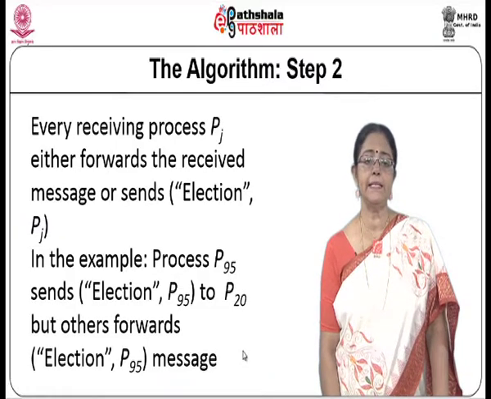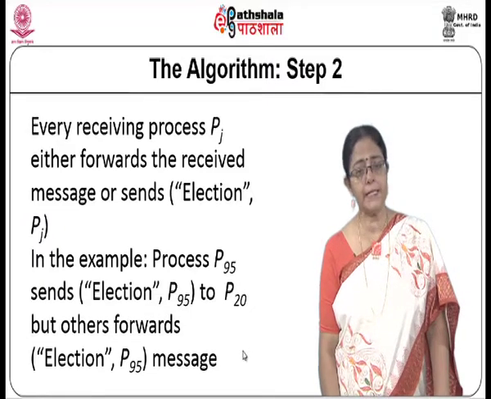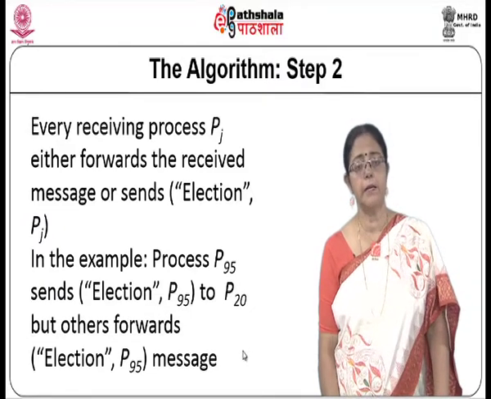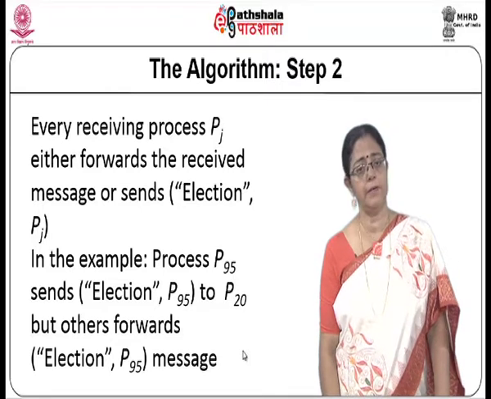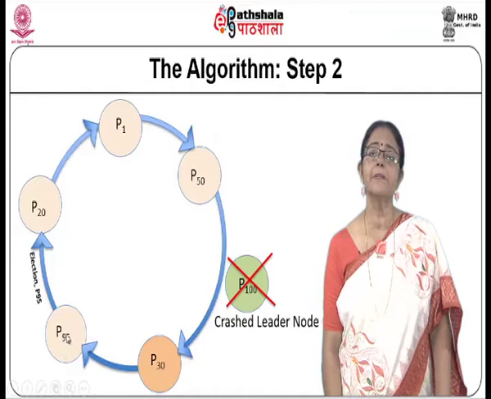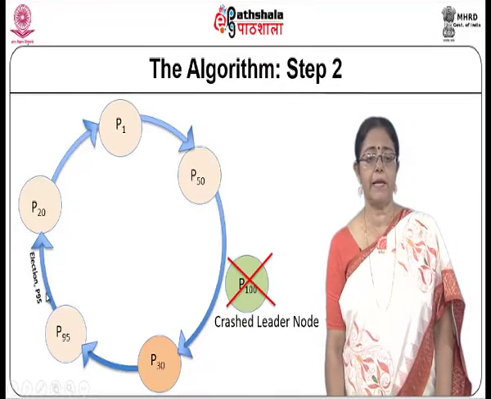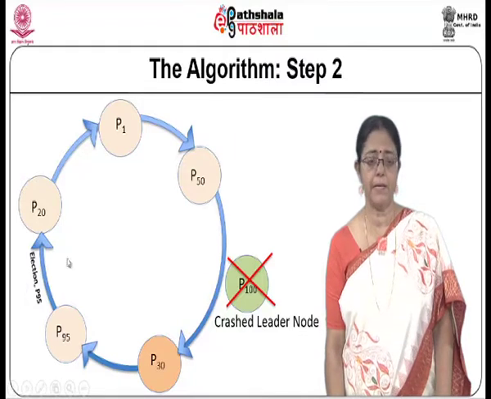Step 2 says Pj will receive the message, and if Pj's ID is greater than the sender's, then Pj will change the ID. In this case P95's ID is bigger, so the message is changed by P95, saying election, comma, P95.